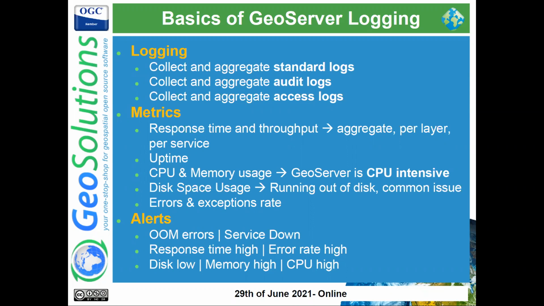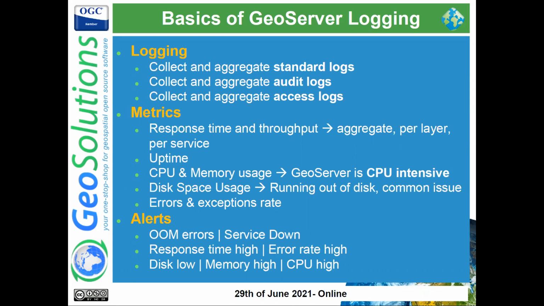CPU and memory usage. You want to keep an eye on the CPU usage because GeoServer is CPU intensive, so it's normal to have CPU spikes. If you look at some graphs about CPU usage on your nodes, it's normal if you see spikes in the CPU usage. You don't want to run out of CPU, generally speaking, as a resource, because that would slow you down.